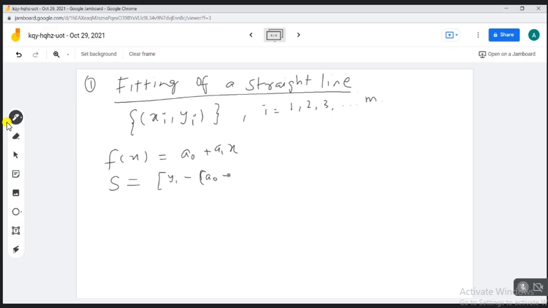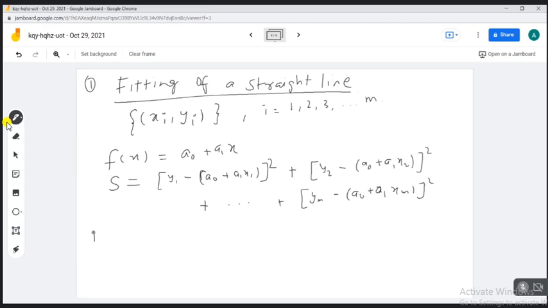The functional value at x1 is a0 plus a1 x1, and then it should be whole squared. So for the other data point, it should be y2 minus (a0 plus a1 x2). Similarly, for the last data point, we have ym minus (a0 plus a1 xm). Is that clear?